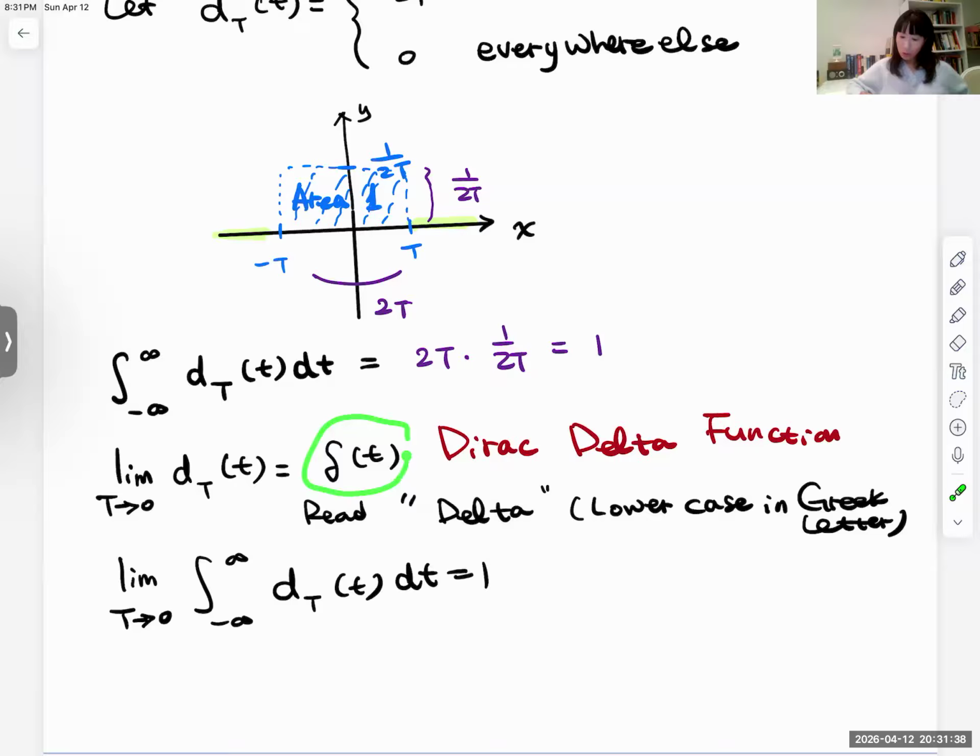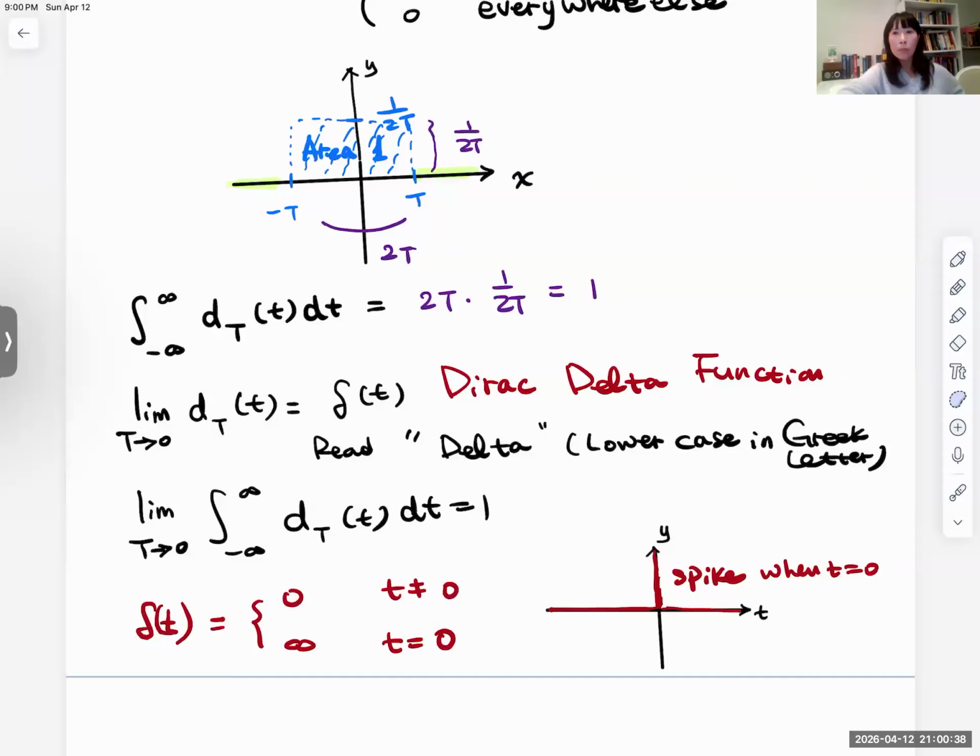Now we have the Dirac delta function. Let me write it down for you here. Let me pause the video. All right, I wrote down the Dirac delta function here. It is named after Dirac, a British mathematician, who found the delta function.